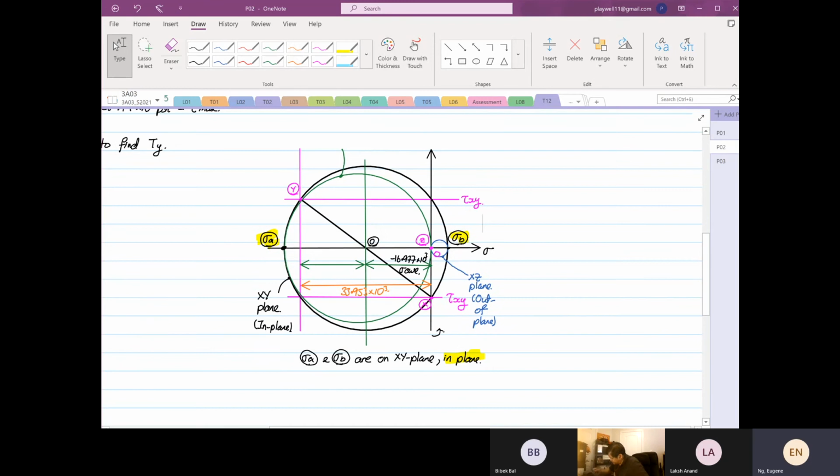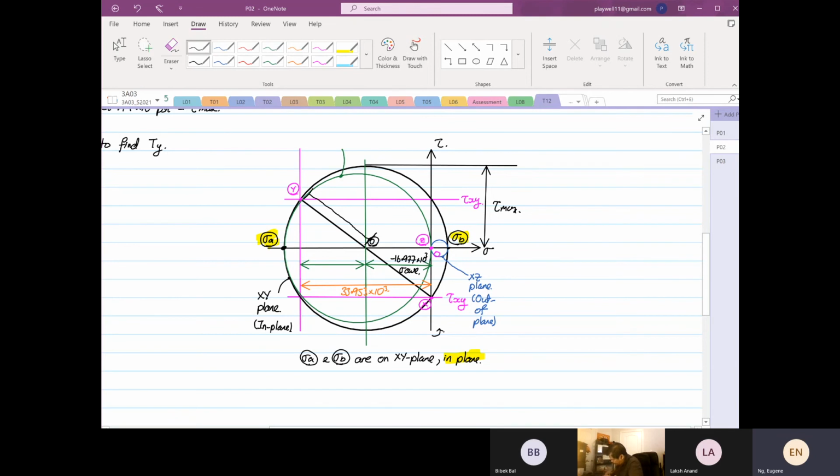So we know that the distance, or this height that I'm drawing now down here, this is our tau max, right?